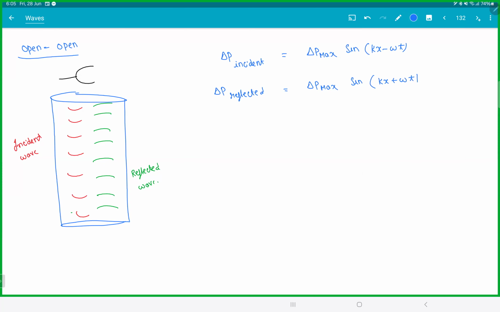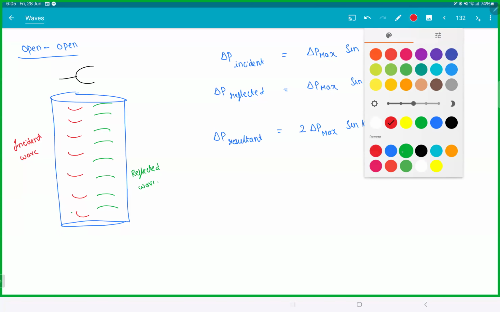You can take plus pi also, it doesn't matter. When you add them, the resultant is 2 times delta P max sin kx cos omega t. This is your general equation. You can see the resemblance.